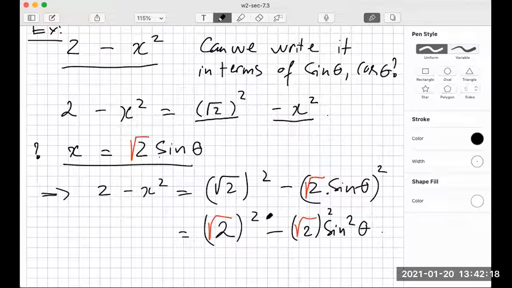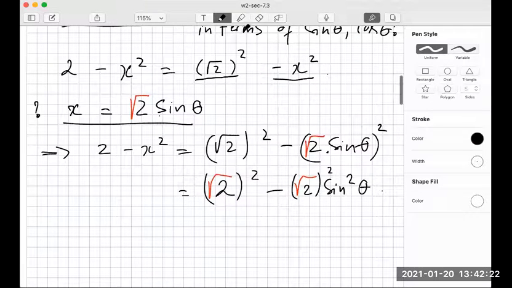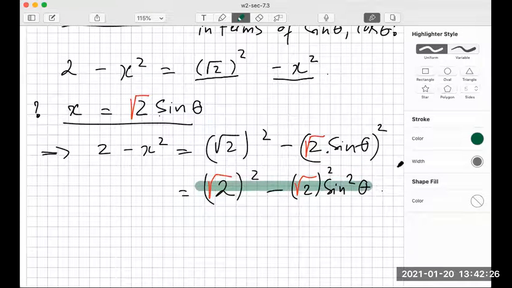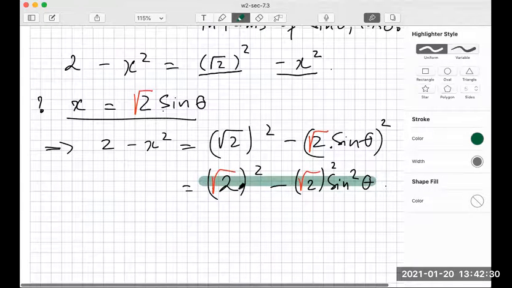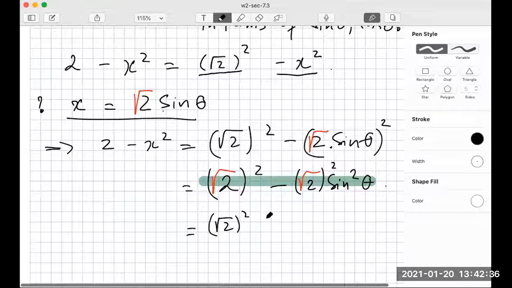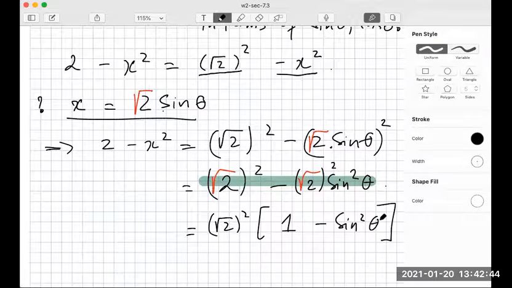If we write it this way, then can we factor it out? What is the like term of these two items? Very good. Thank you, Luke. Yes, it is 1 minus sine squared theta.